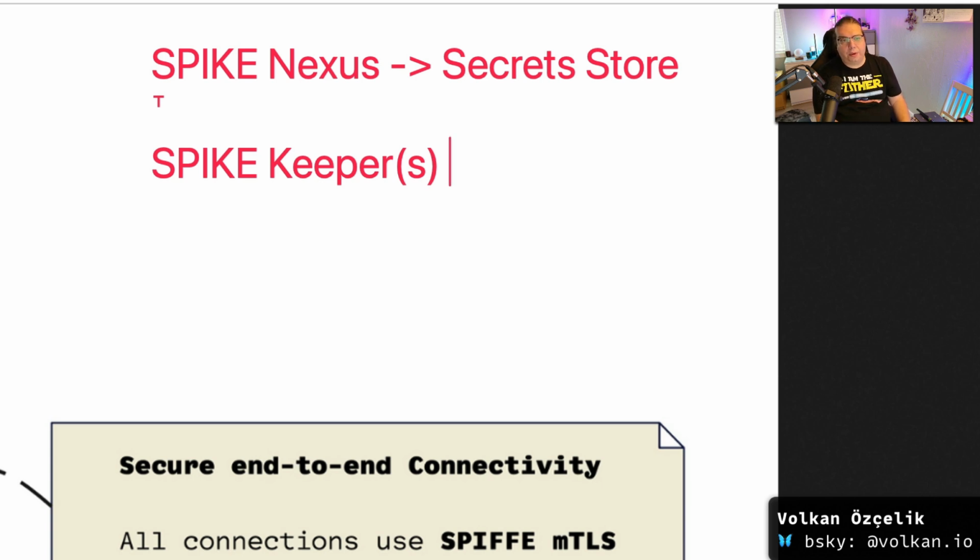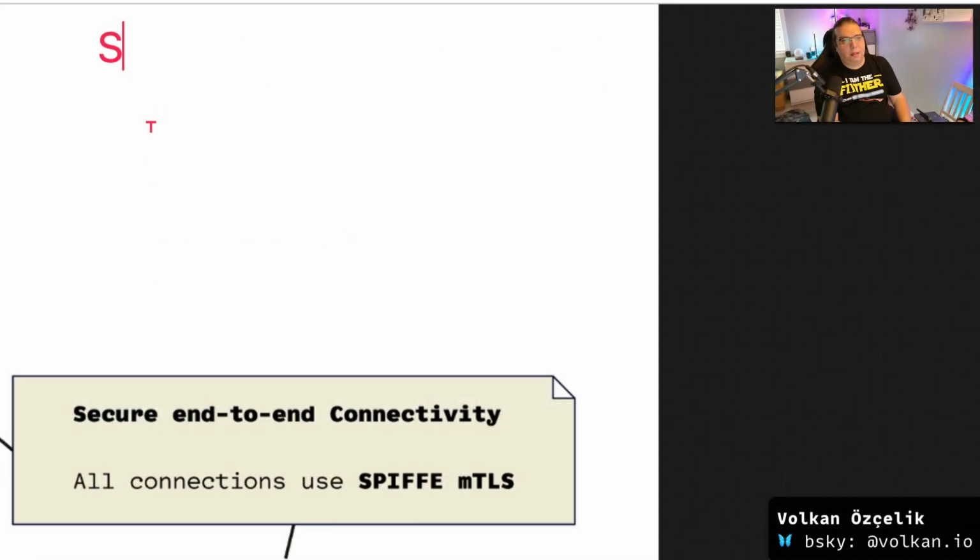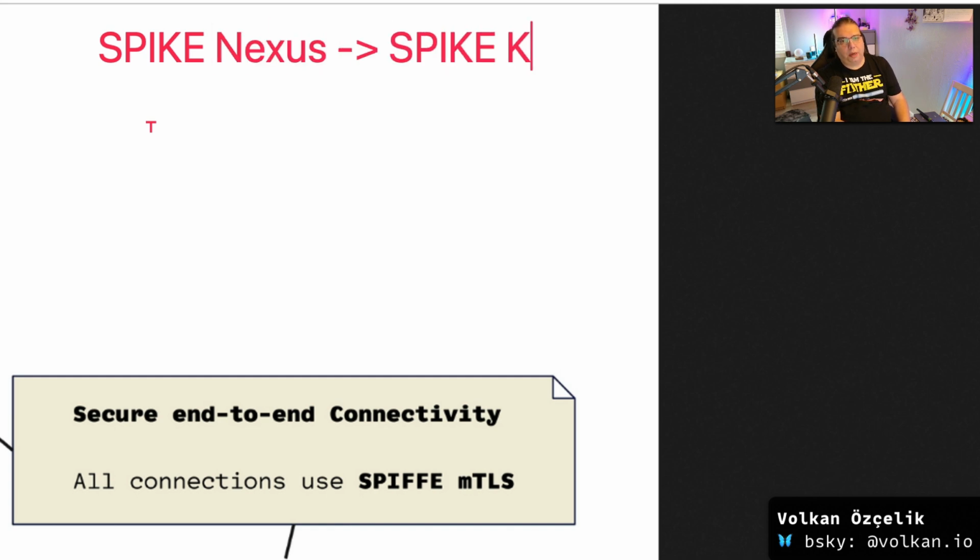And the third component is Spike Pilot. Spike Pilot is the binary that we use as a CLI interface. This is our Spike Nexus, which talks to Spike Keepers to get its root key. And let's say we have Spike Pilot here.